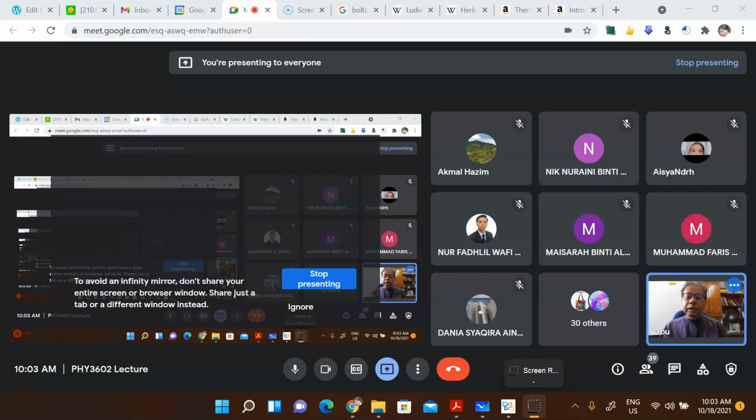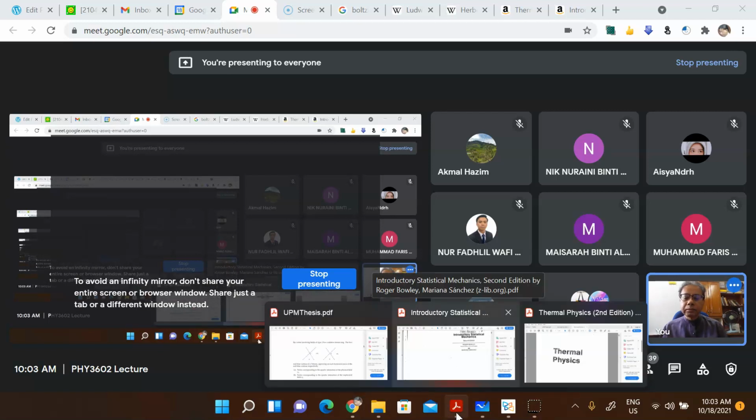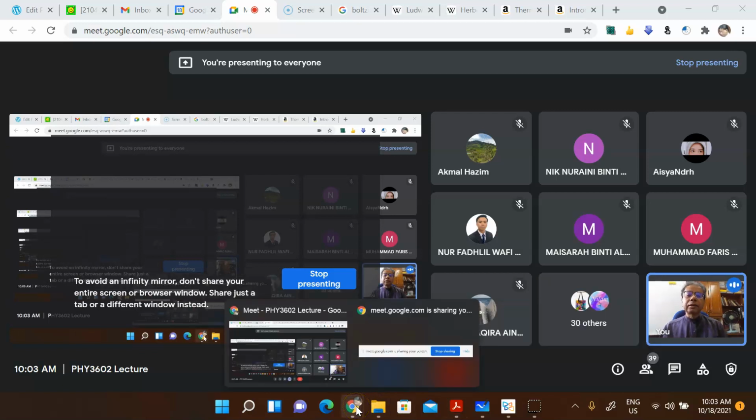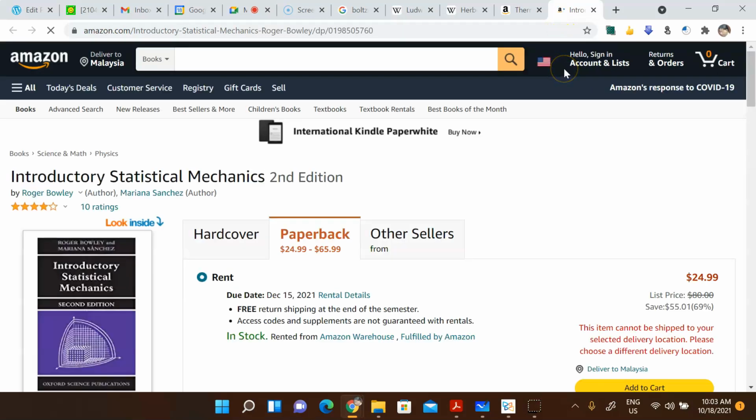So let me just mention the book that I'm going to use. Maybe I'll show the book cover first. You probably have seen this in the icon for the WhatsApp group. Can you see the screen?